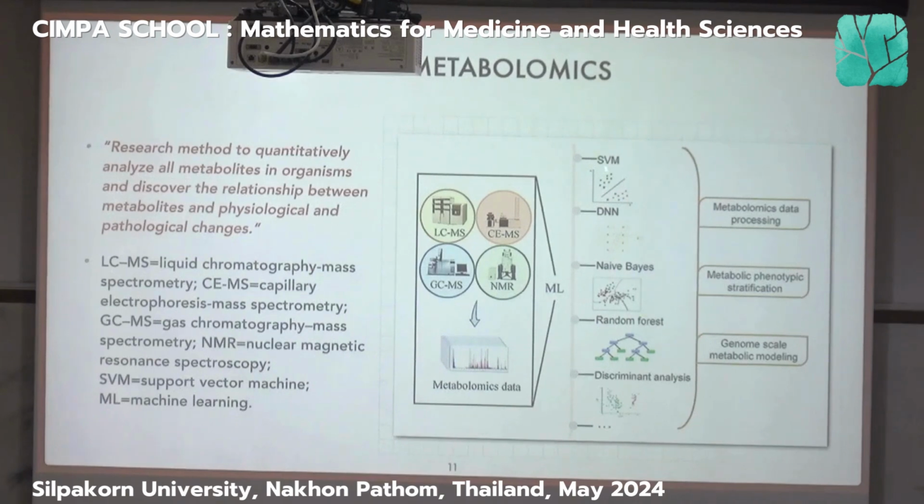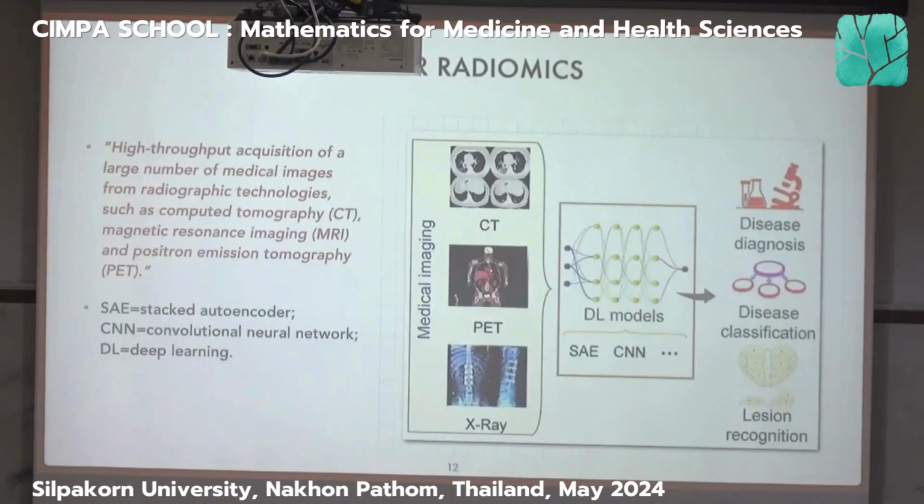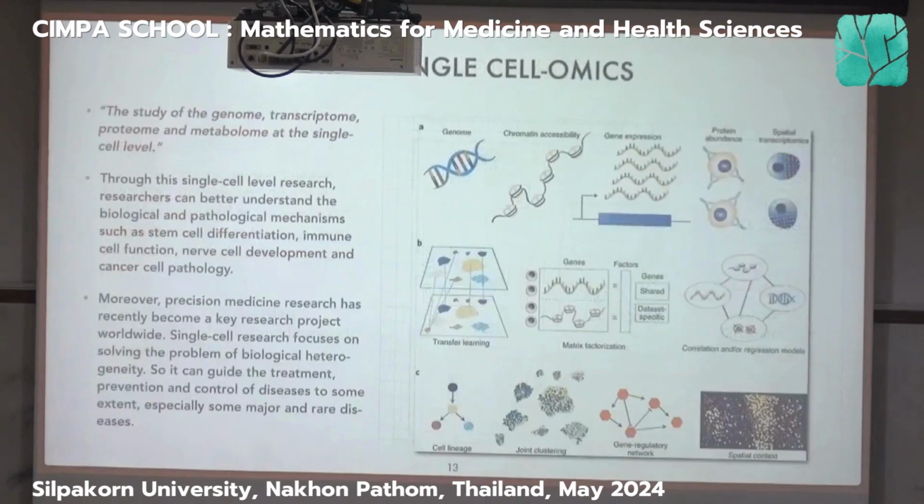And then you find all the methods: SVM, naive Bayes, random forest, discriminants. I've mentioned all of these in my tables. And then radiomics, well, today radiology is called radiomics, it's just an analysis of imaging data. So, of course, imaging data is being analyzed more and more every day using machine learning. So there are many, many applications of that.